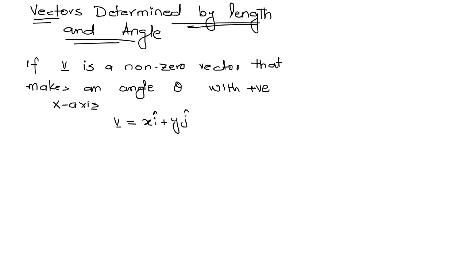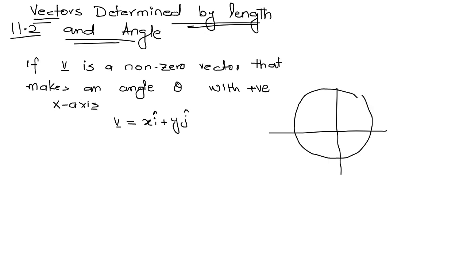Okay, so this is how you can find a vector from the angle. For example, in the two-dimensional case, this is 11.2. You make an angle, this is the angle theta, and this is the length.